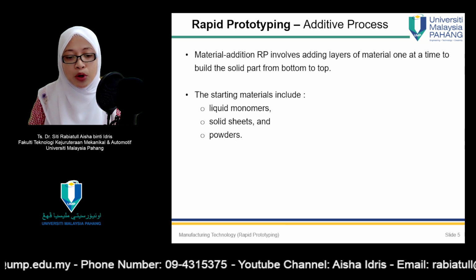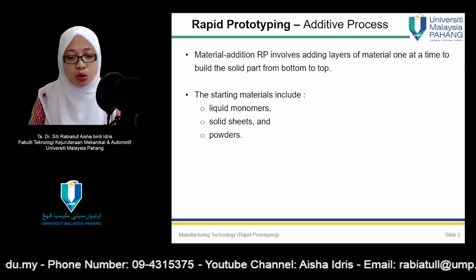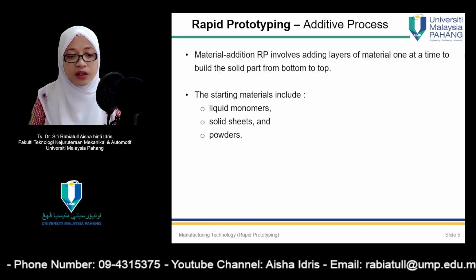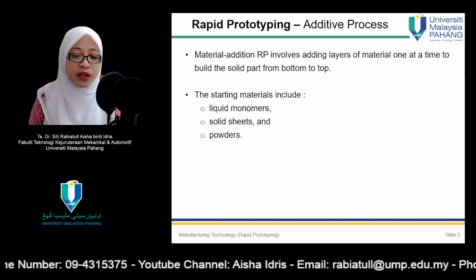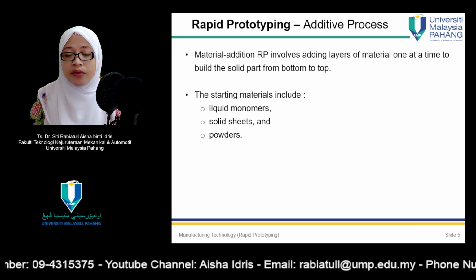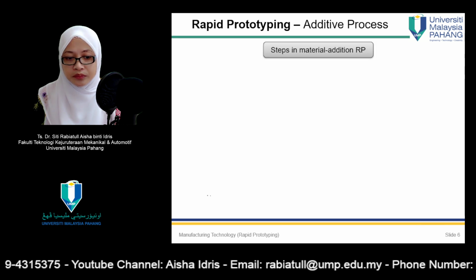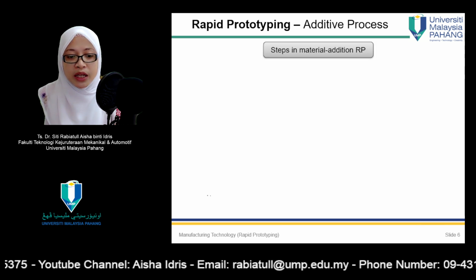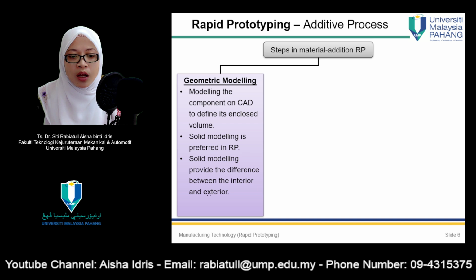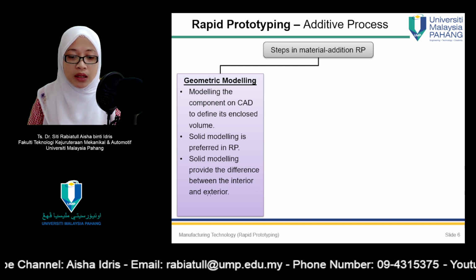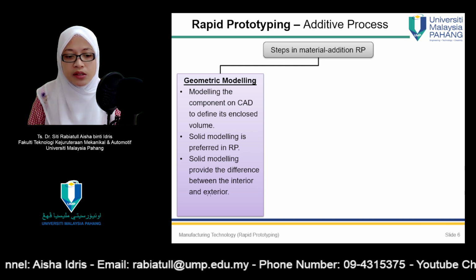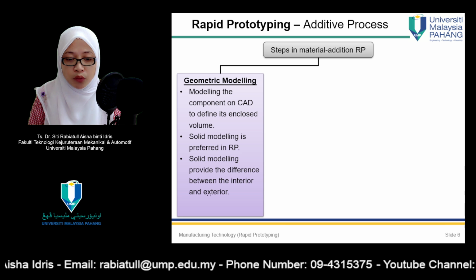The common approach to prepare the control instructions in all of the current material addition RP techniques involves the following steps. Number one, geometric modeling. This consists of modeling the component on a CAD system to define its enclosed volume.